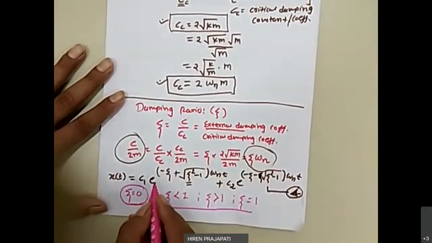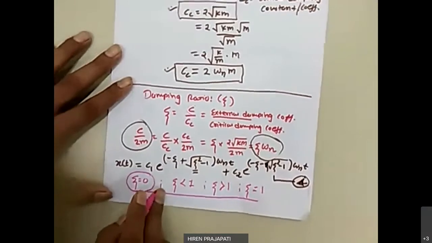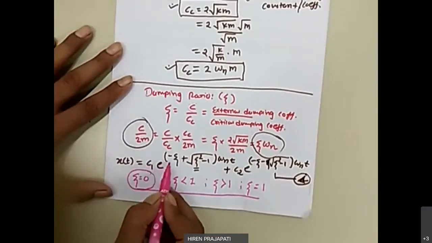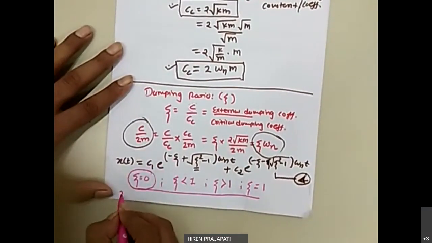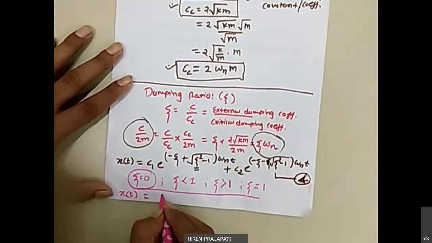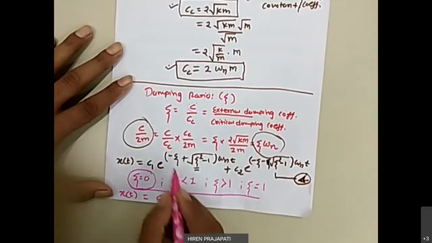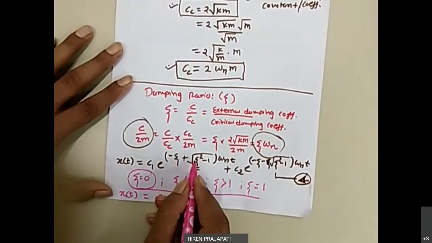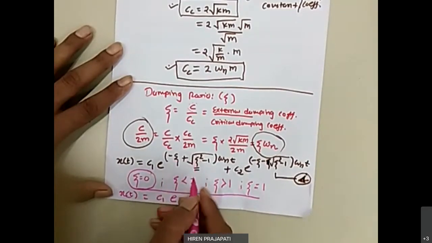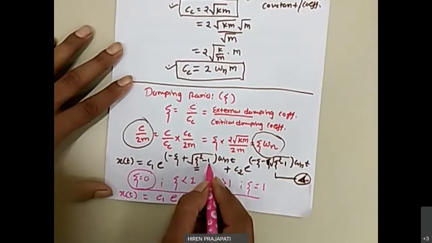So if I consider zeta equal to 0, then x of t is equal to c1 e raised to, now this is 0, this is 0, so we get minus square root of minus 1.